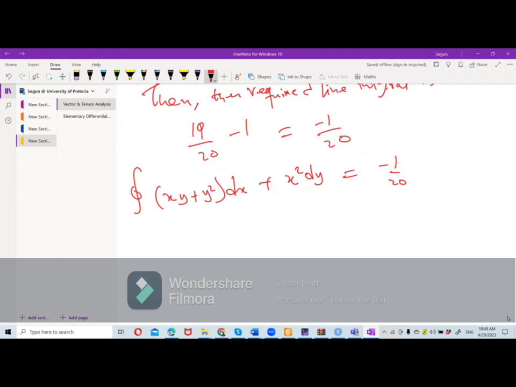So what we need to do is just to go back to the original equation, whereby you have, remember, original equation says what?